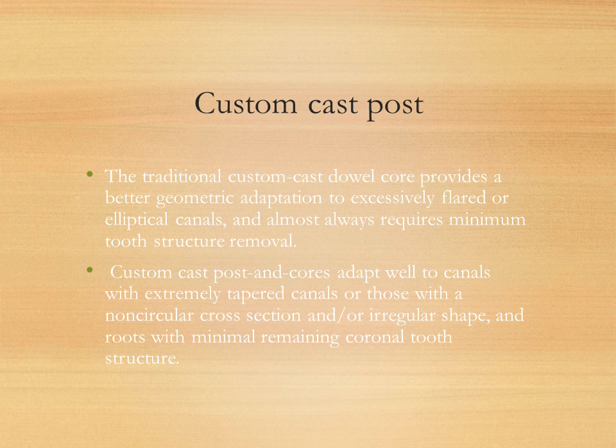Another thing is that it requires only a minimal amount of tooth structure removal. The reason is that we choose to place them in canals which are already flared. So we just barely prepare the post space, just enough so that we are able to take the impression, and as soon as we have enough width for the impression, we can fabricate the post of the desired thickness.